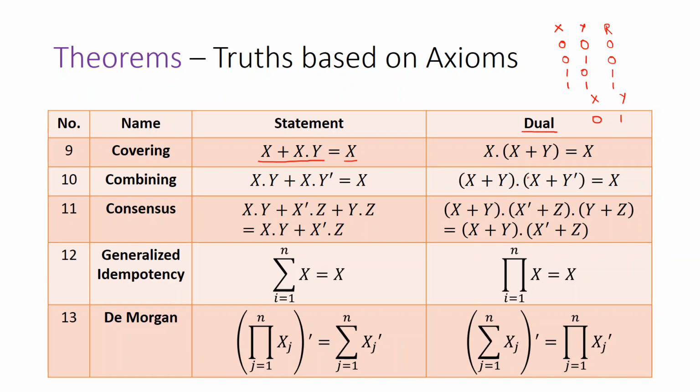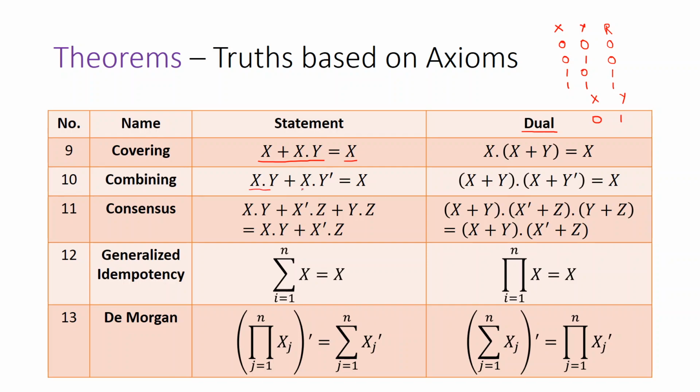So what is to be seen here is that if you have an operation where you have both AND and OR, and you have one variable as itself and another variable complemented, then the result is the variable which was not complemented, which stays as itself in the two terms.